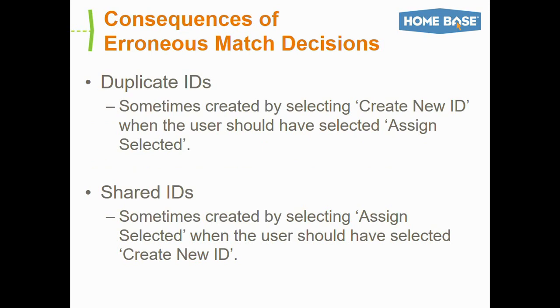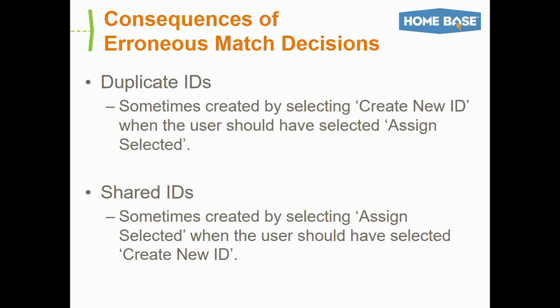So there are a few consequences to erroneous match decisions, the first of which is a duplicate ID. And this can happen when the Create New ID option is selected when the user should have selected the Assign Selected option during a near match decision. So obviously if this happens, the same student is going to have two UID records in the system.